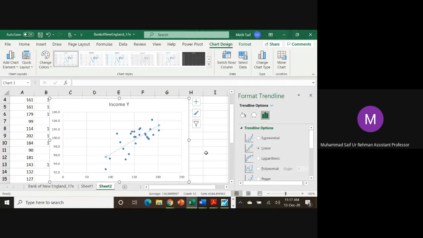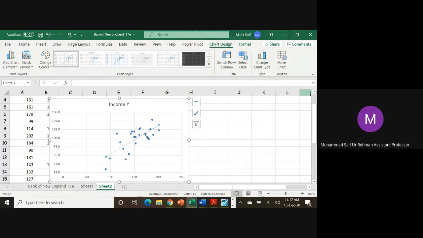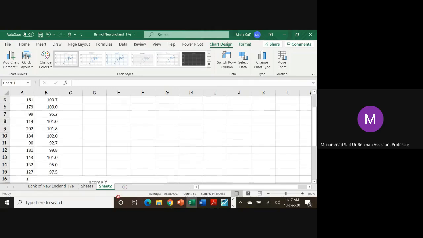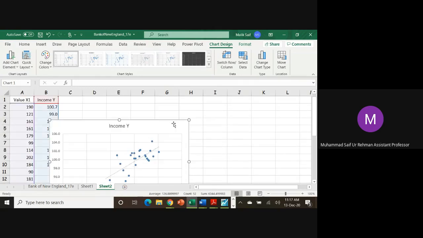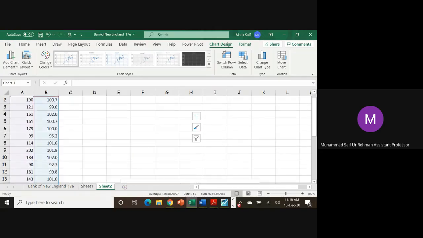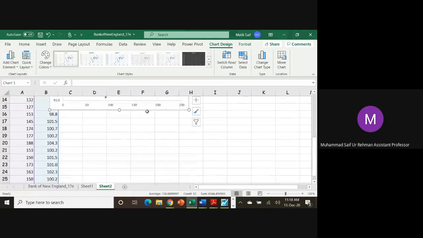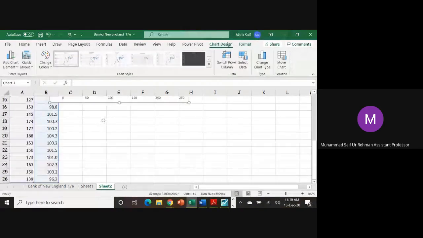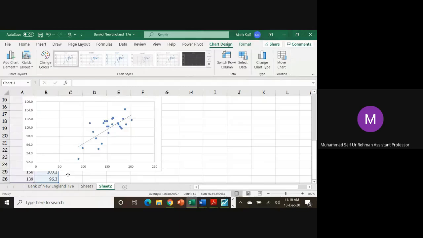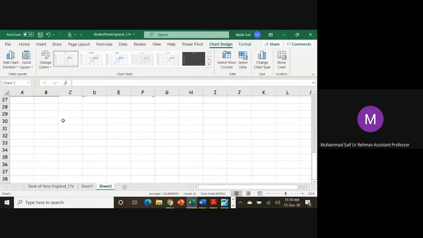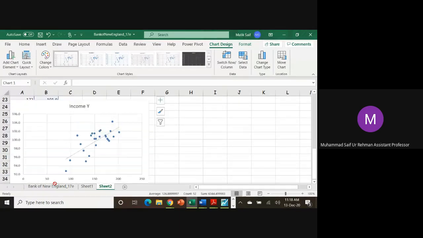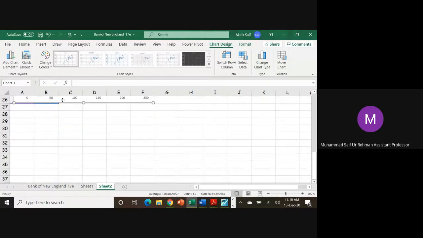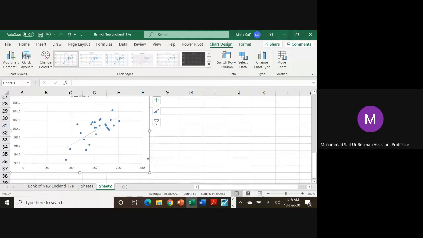And if you are interested in having the residual values over here only for these two, how can you find that out? Let me take this graph down so that I may have some calculations over here.